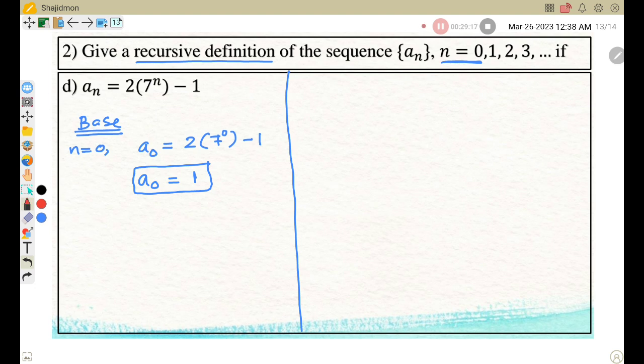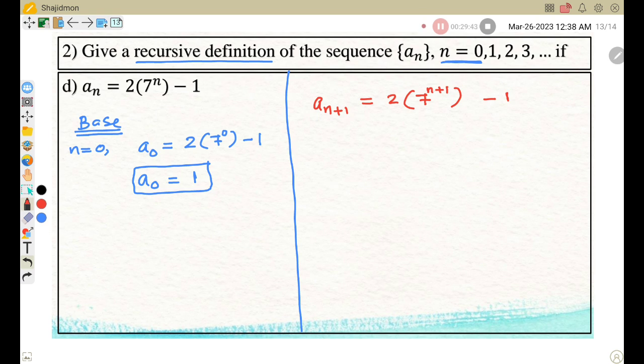Okay, now let me go to the recursive case. What do we need to do? We need to find a_{n+1}. a_{n+1} equal to, apply here, just replace n by n plus 1. So 2 multiply 7 power, instead of n we replace by n plus 1, minus 1, correct?